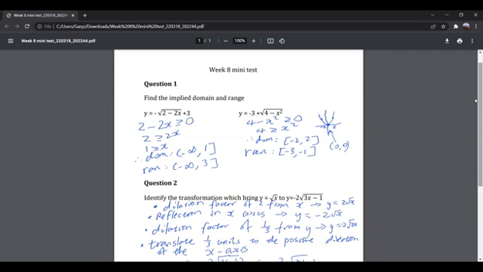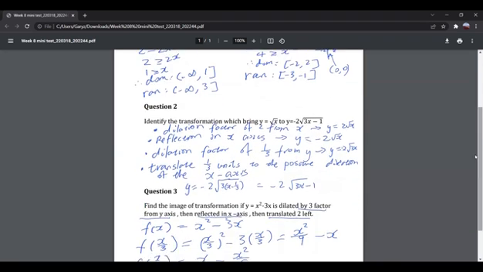To have the greatest value, we must have x squared equal to 0, which will give us a square root of 4, which is 2. Then negative 3 plus 2 is negative 1. Therefore, our biggest value is negative 1. And the smallest value is when x squared is equal to 4, since the square root will then equal 0. That's why our range is from negative 3 to negative 1.